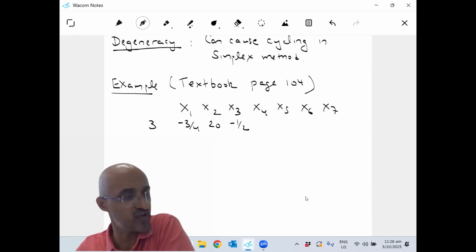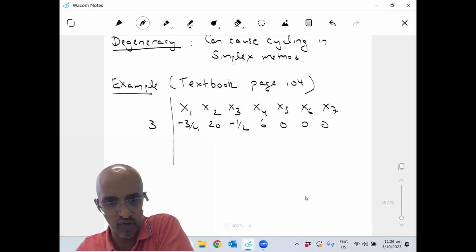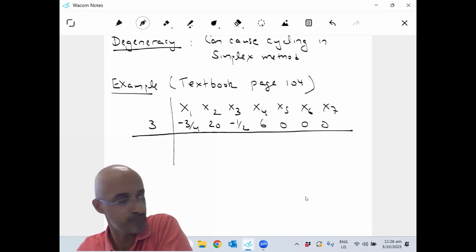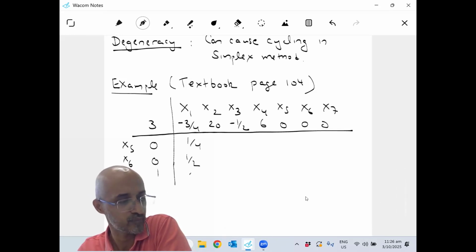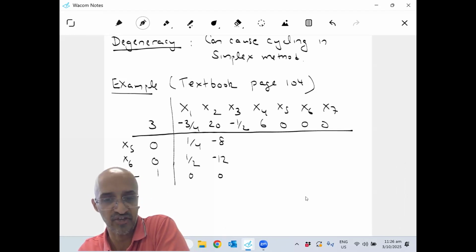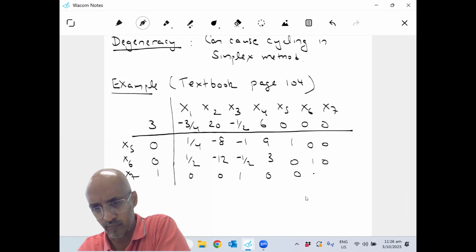I'm going to give you a basic feasible solution for a particular LP. Again, this example is in the book, so you can read it carefully for details.